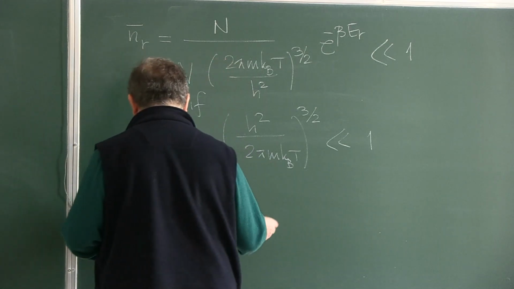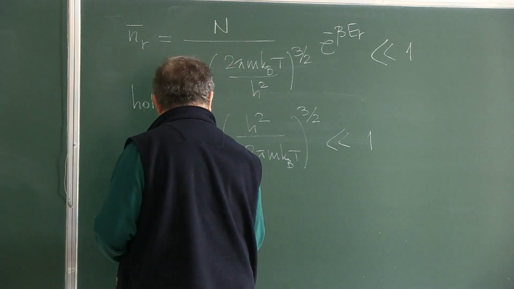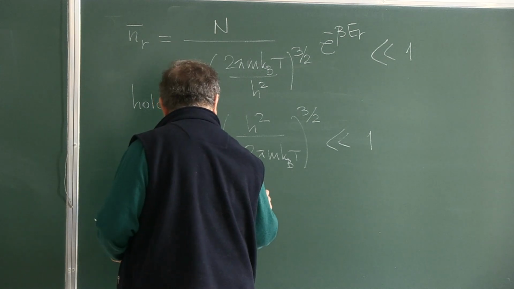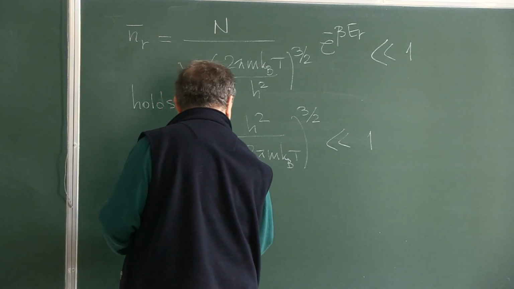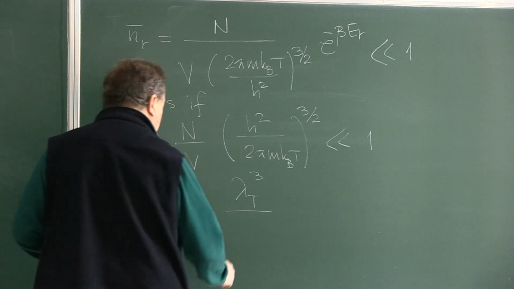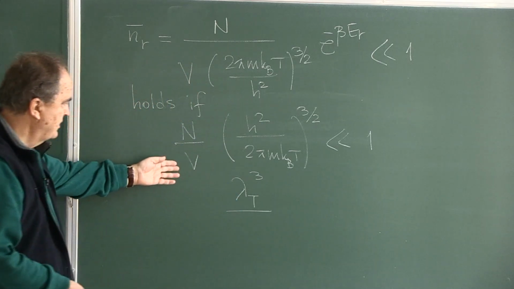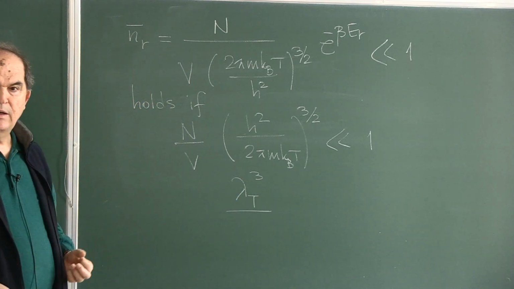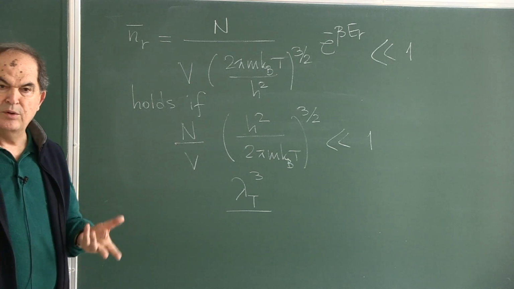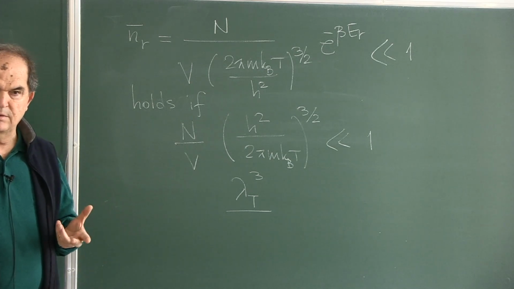So let's write that as lambda_T cubed. Now, that thing goes down as V over N. V over N is volume per particle.